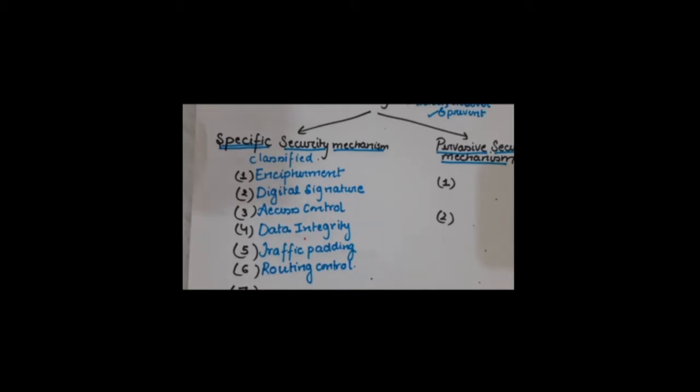Routing control means to control the route through which the packets are traveling. Now, all of us know that in the network, there are different routes. From the sender to the receiver, there are many ways. A packet from the sender to the receiver can travel through many paths.